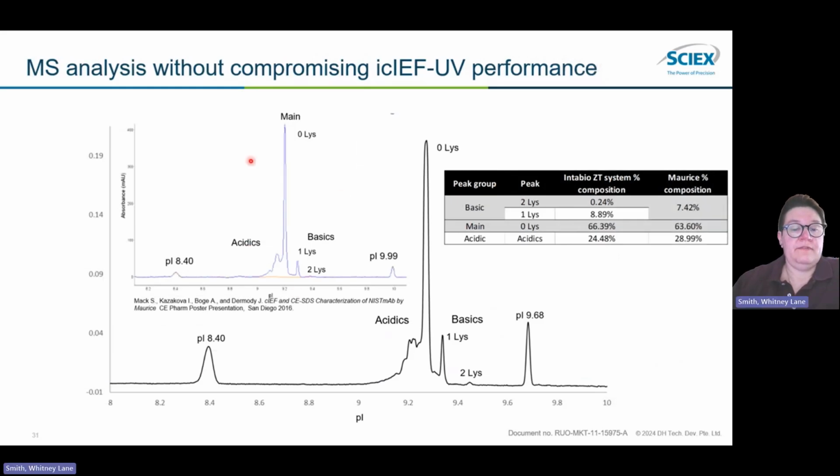So here you have the ICIEF compared from a standalone system to our ICIEF with our Entabio ZT system. Here you have your PI markers, your 2-lysine, your single lysine, main peak, and then your acidic variants.